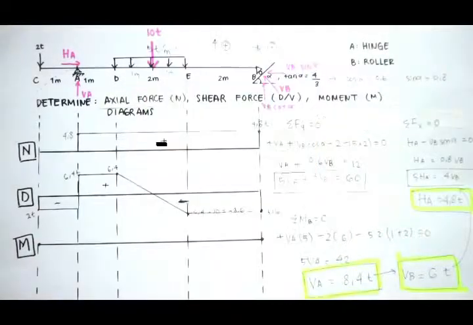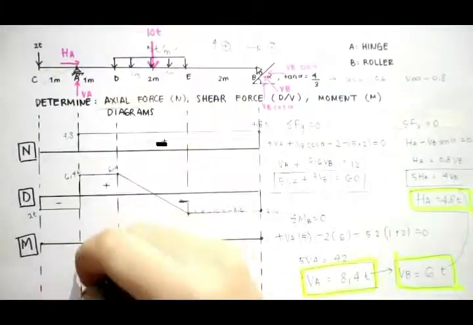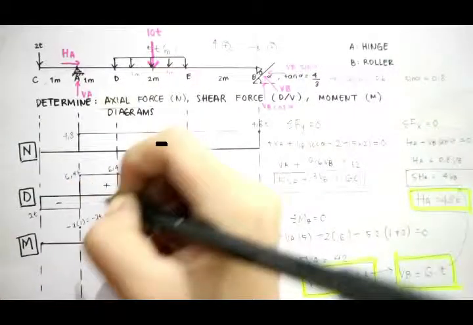So we have minus 2 times the distance to A, which is going to be 1 meter. So I'll have a minus 2 times 1 equals minus 2 ton meters.